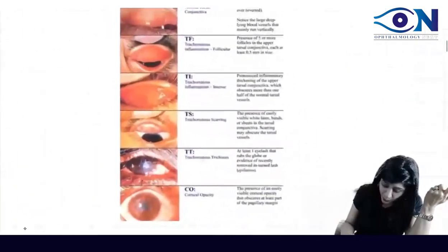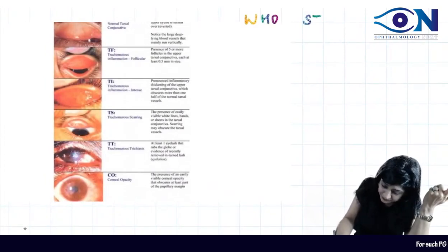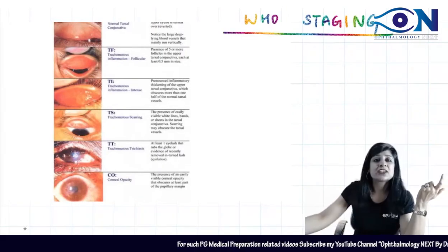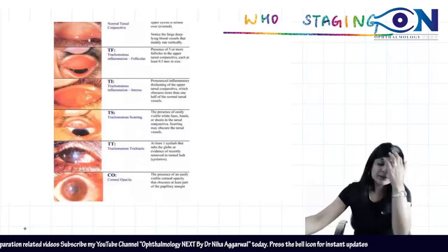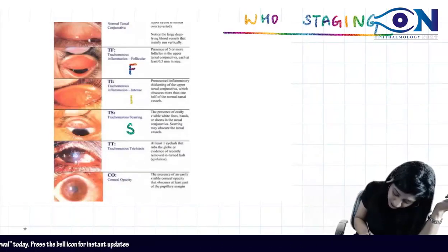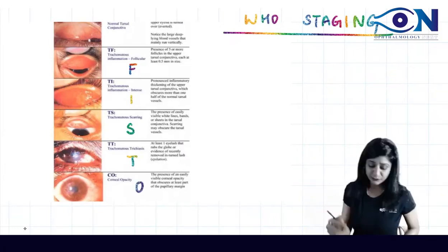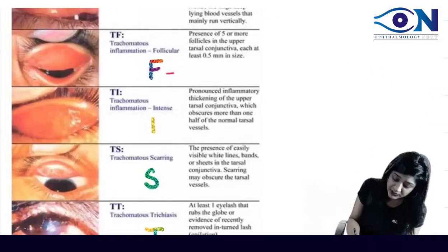Now, another important thing is your FISTO classification. If I talk about the WHO staging of the trachoma, the WHO staging is called the FISTO classification. Okay. Now, let us try to understand what is this FISTO. First is your F. F means follicular.